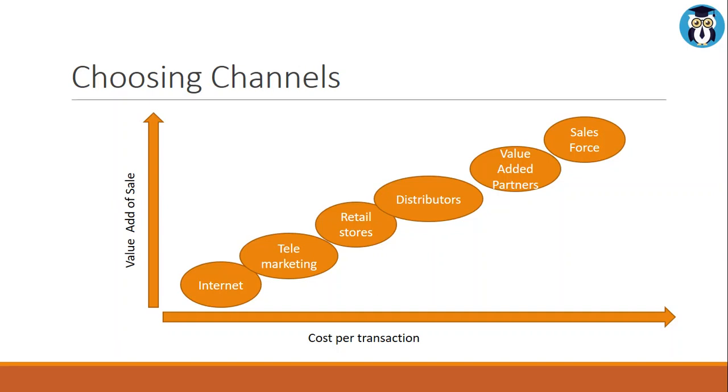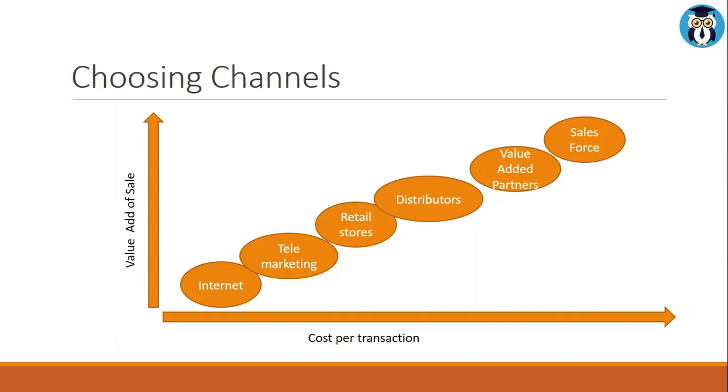Now you as a company need to decide in this trade-off, how much are you willing to spend, what is the amount of value add that you need to your sale, and how much are you willing to spend for that. For example, cars. It's very difficult to sell cars online, because it's a very big purchase, the customer will have questions, they'll want to test drive it and all sorts of things.